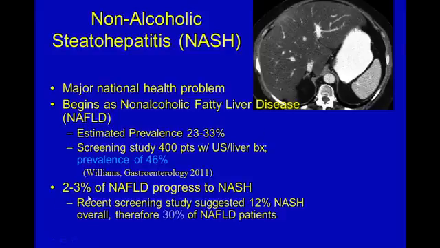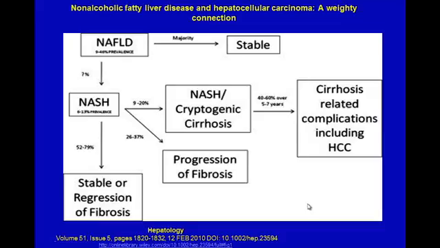Fortunately, only a small percent of these patients will progress to steatohepatitis, but a recent study suggested that there's a 12% incidence of steatohepatitis overall, and therefore about a third of these fatty liver disease patients do go on to steatohepatitis.